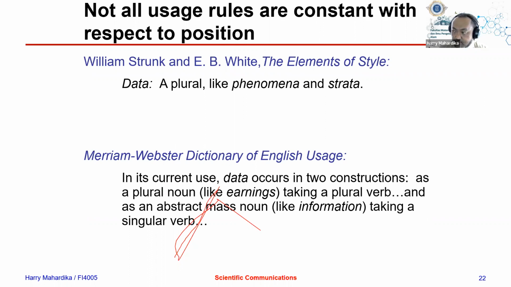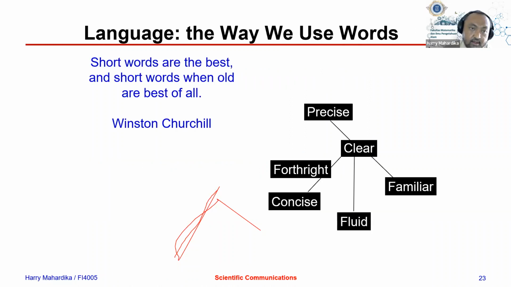It is a very well-known book that people use, but it was written in the 1950s, and data itself was considered a plural. However, in modern usage, it can be regarded as a plural noun, as it was considered in the 50s, but also can be considered as a mass noun.